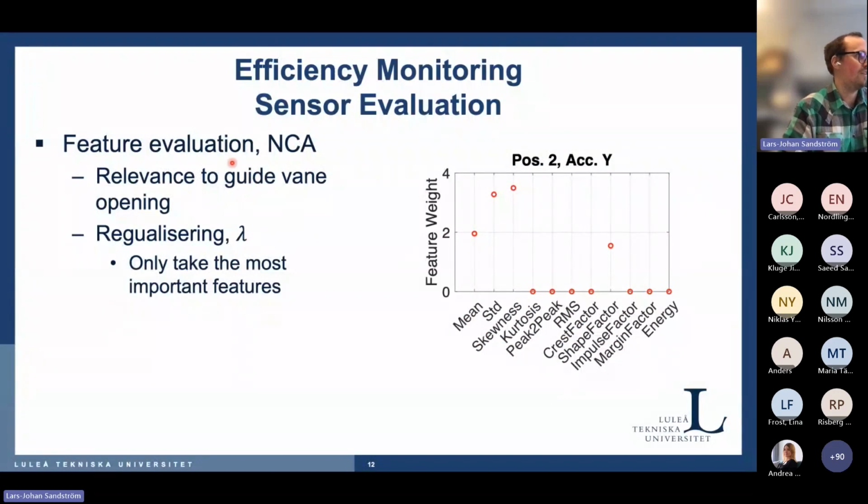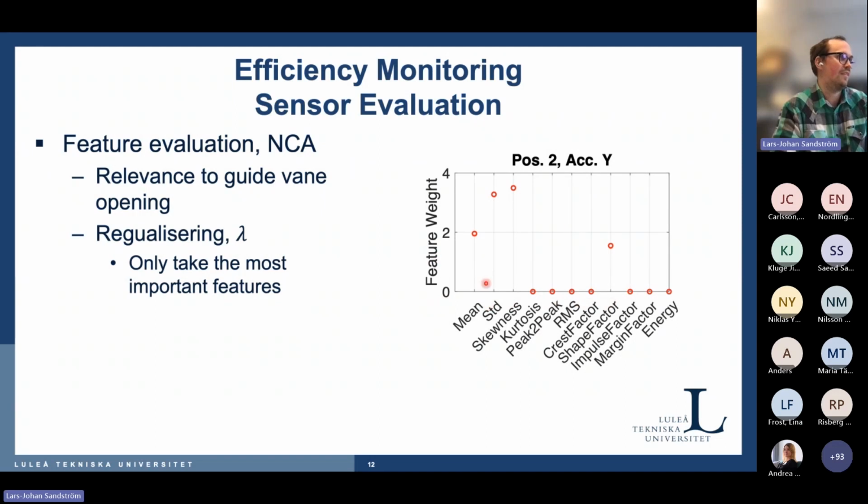At the first stage, we have made some feature evaluation. Here we use neighborhood component analysis, and this tells us which of the features are most relevant for predicting the guide vane opening. Then we get a plot that looks something like this.